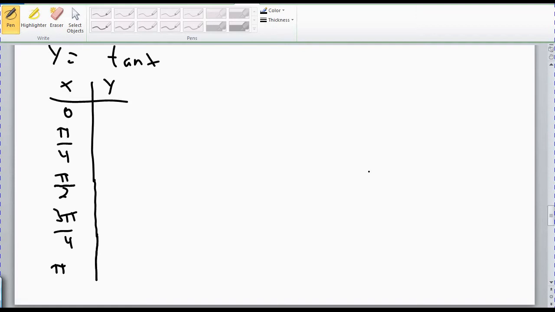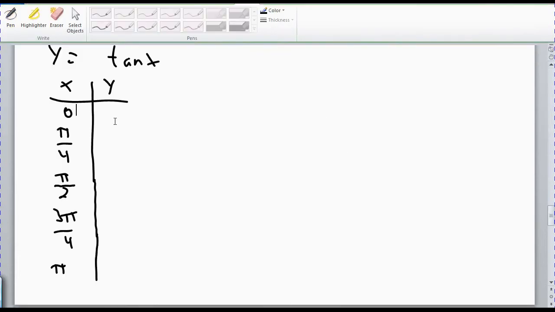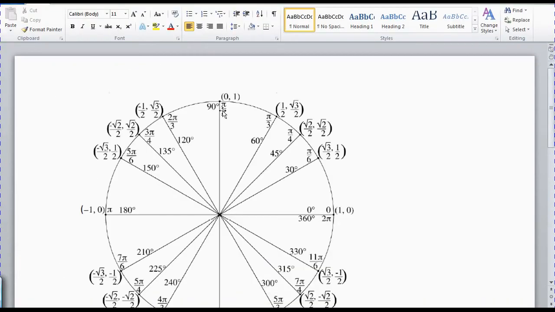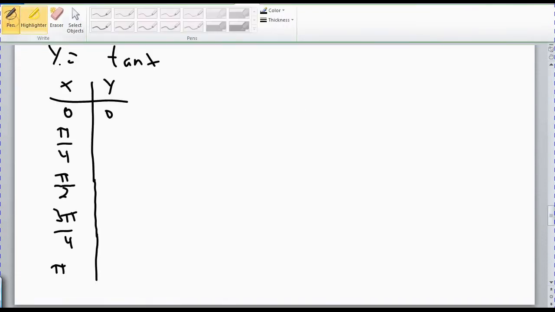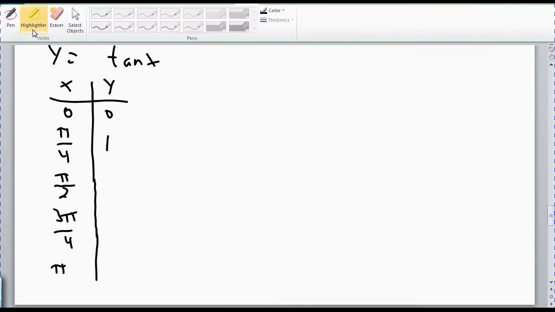And those values for tangent is 0. If you look at the unit circle, y over x is 0. For pi fourths, anything divided by itself is 1. And probably I've already done this once before, but it doesn't hurt to do it again. Just want to make sure you understand where it's coming from. And then pi halves is 1 over 0, which is undefined.